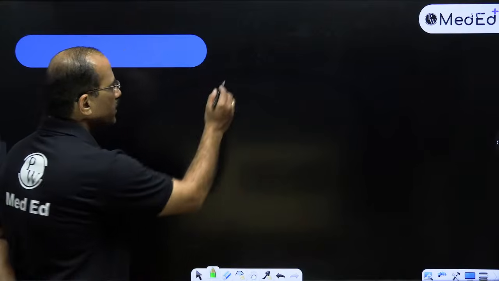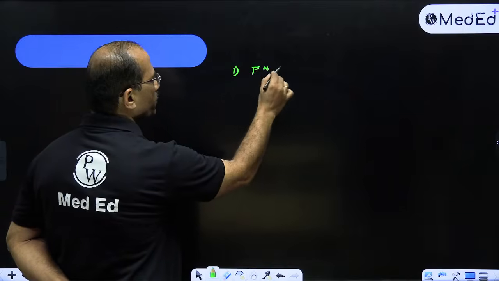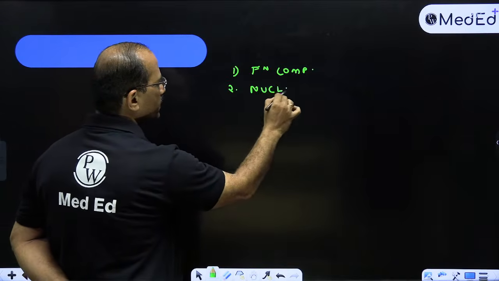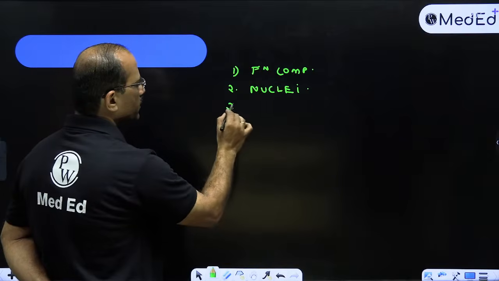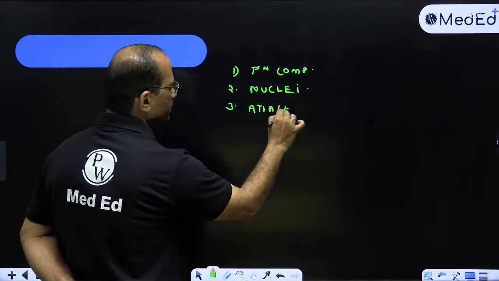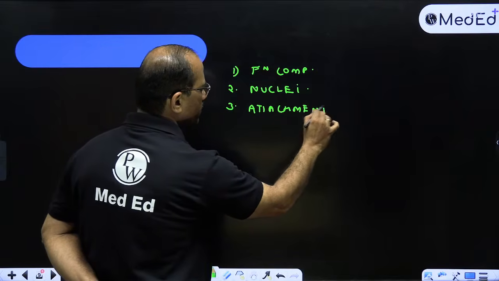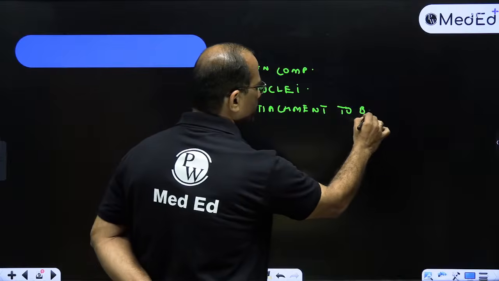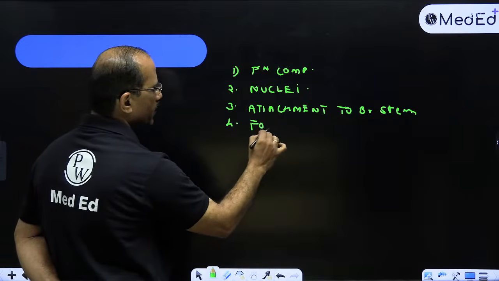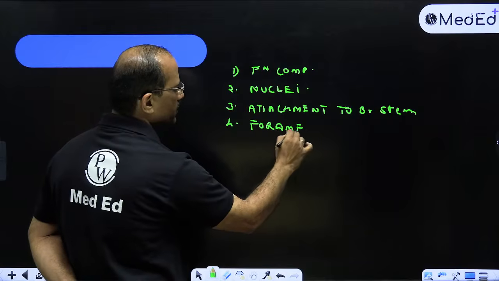First is the functional components. कोई भी cranial nerve, first is the functional component, second is the nuclei. Third is attachment to the brainstem. Fourth is foramen exit. कौन से foramen से वो बाहर निकलते हैं.